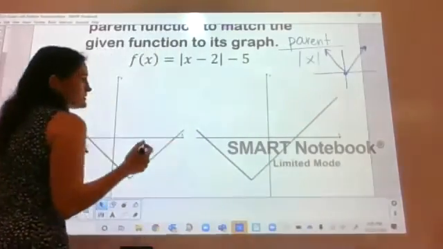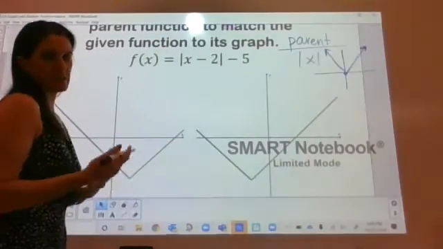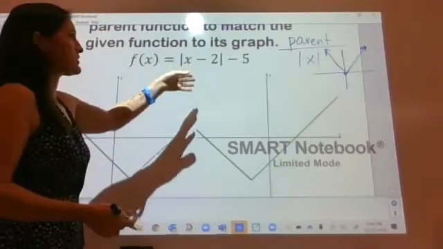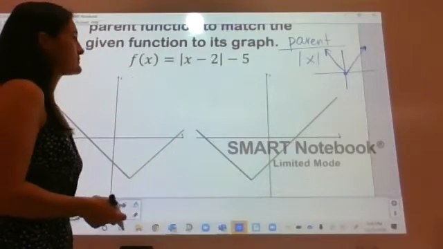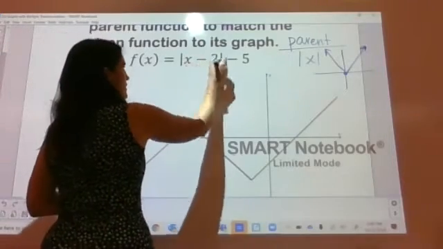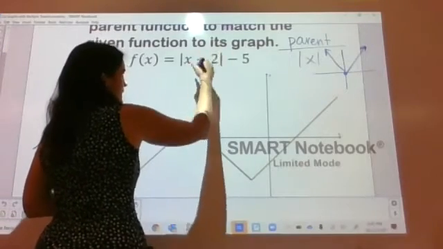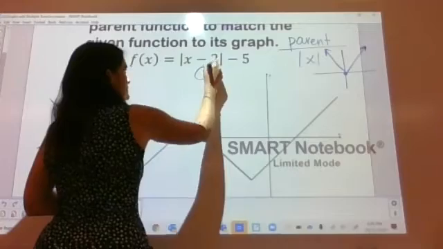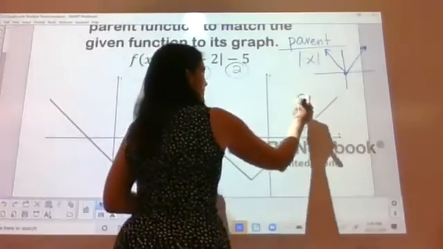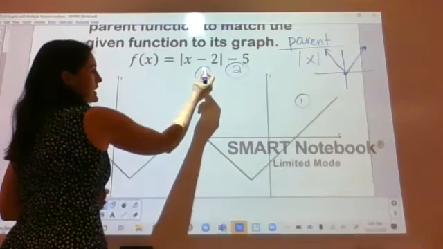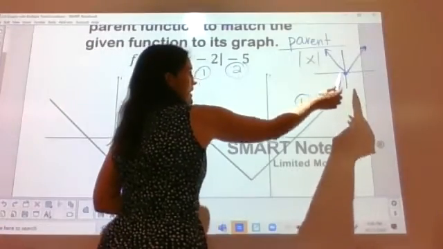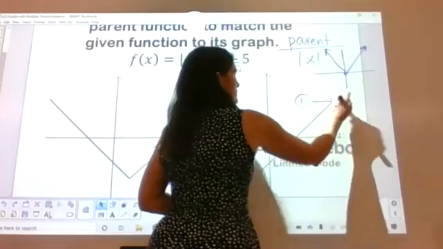Which one, if we were graphing this from scratch and we didn't have these 2 to look at, would we do first, the -2 or the -5? -2, right? This is our h, this is what's inside the x. All right, and so that first modification is an insider's lie. That means you're going to take your parent shape and move it to the right 2.